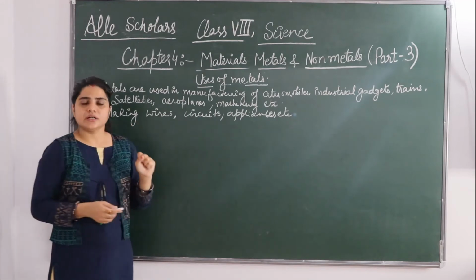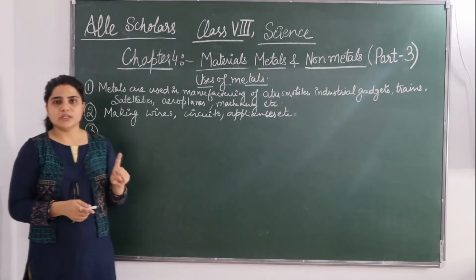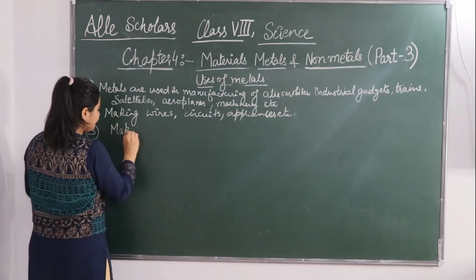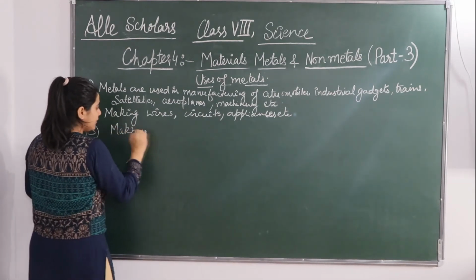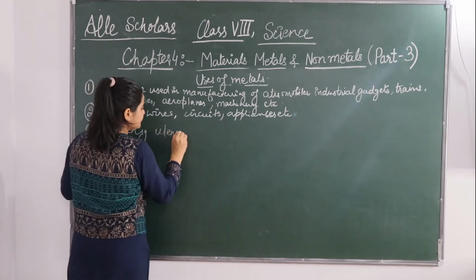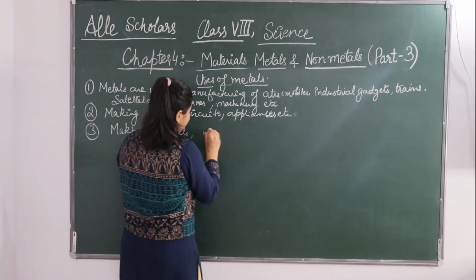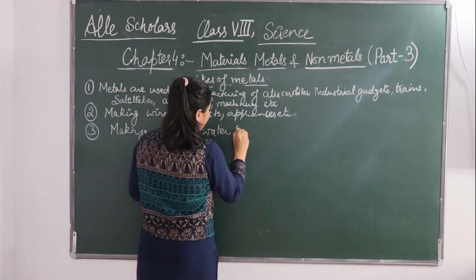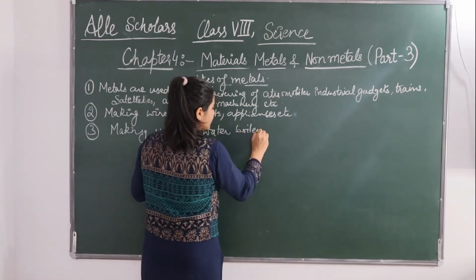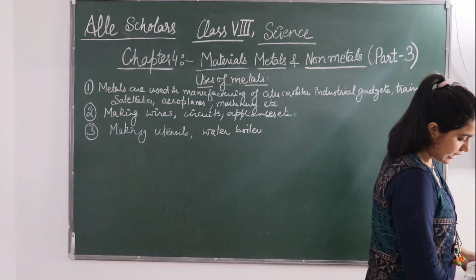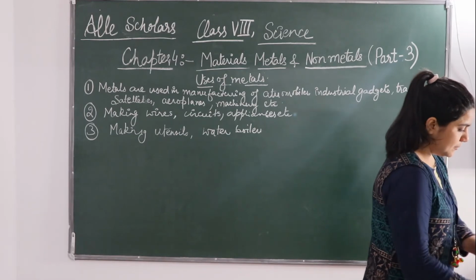Again, metal is a good conductor of heat, so it is used for making utensils. Many water boilers are also used. Because of their good conductivity of heat, they are used for all these purposes.